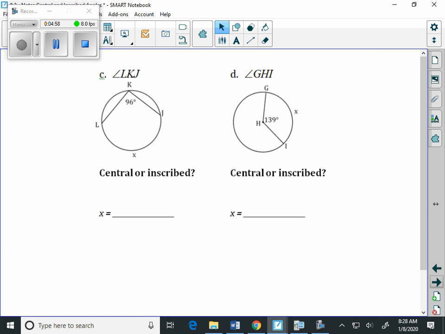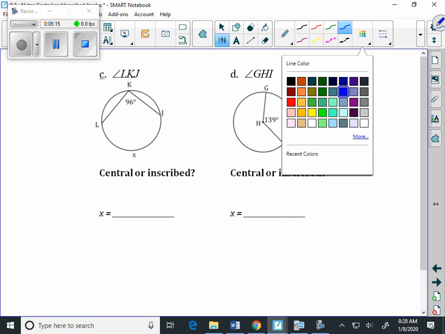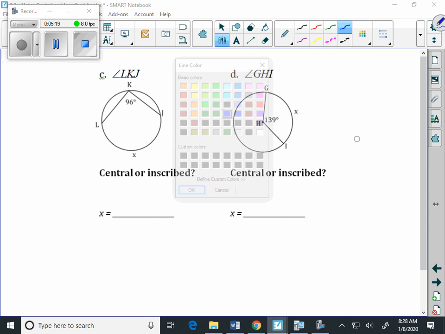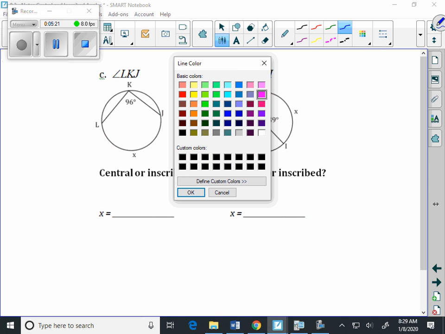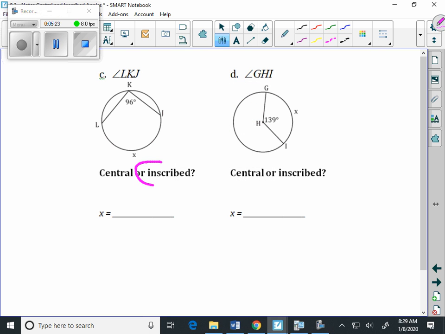If we look at letter C here, see if you can pick yourself what it is in 10 seconds before I fill it in. What we see is that angle LKJ is on the circle, which means that it is an inscribed angle.